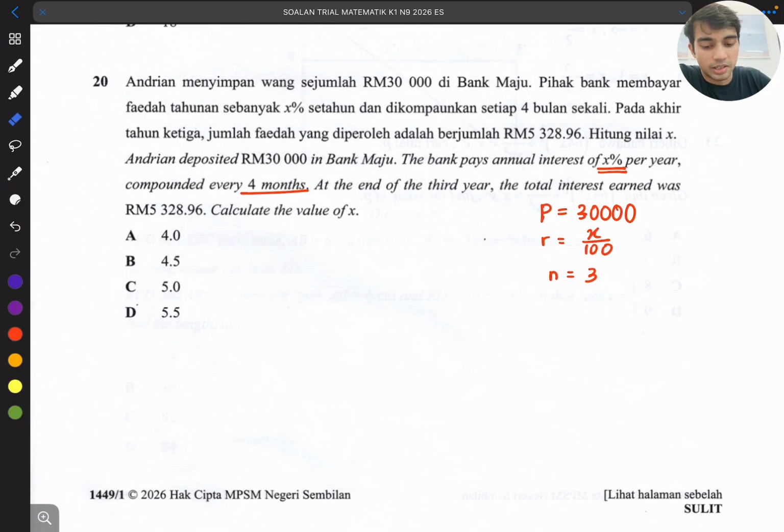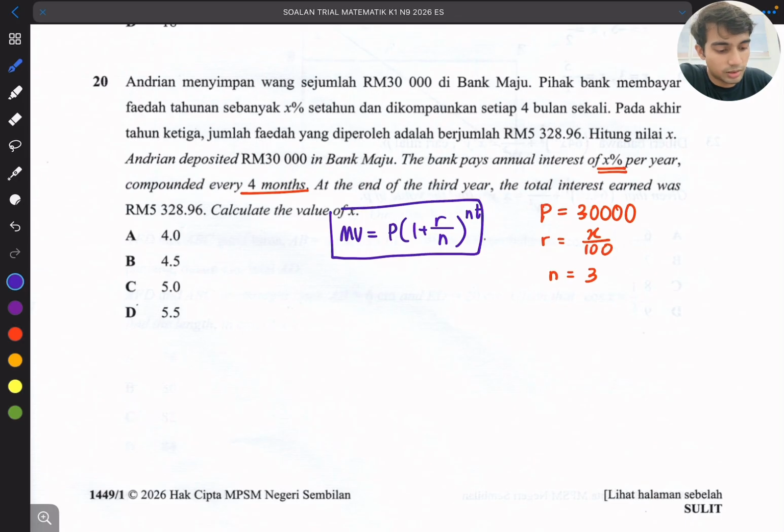And one more clue is they already say it compounds, right? So this is compound interest. The compound interest formula is A equals P times (1 plus r over n) to the power nt.